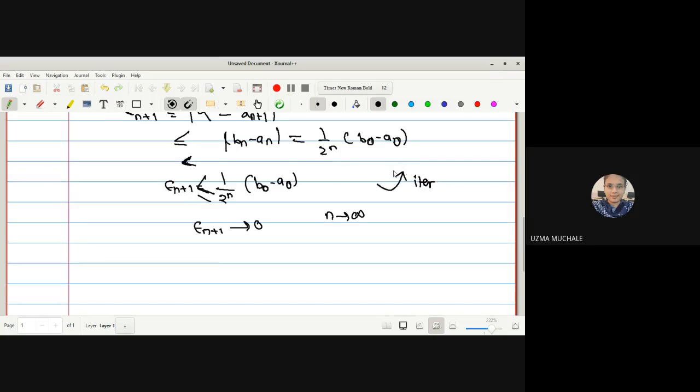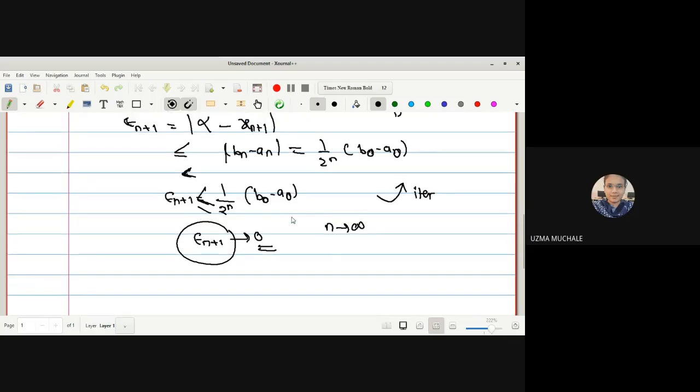Initially we have performed only n iterations. If we increase the number of iterations, the error will reduce to 0. So this shows that this iterative process converges slowly. That means as n tends to infinity, the value of the error tends to 0.